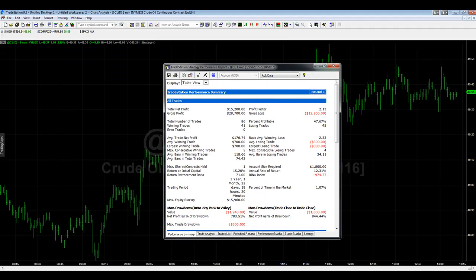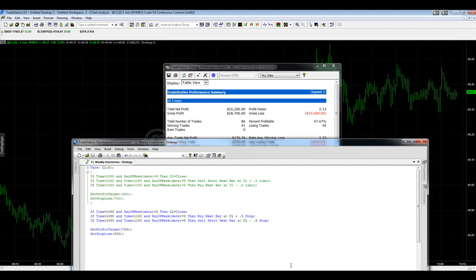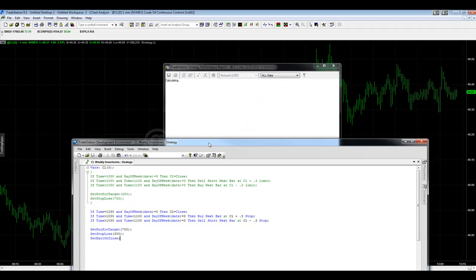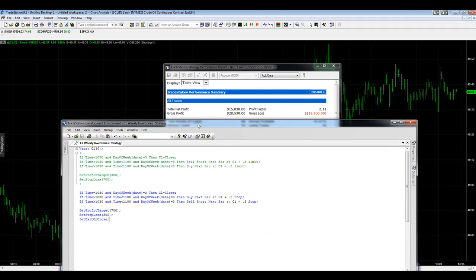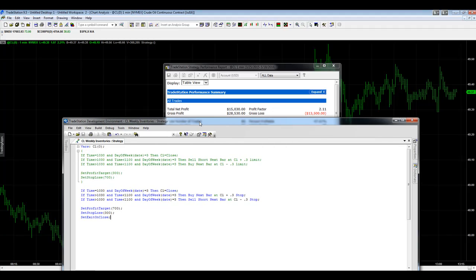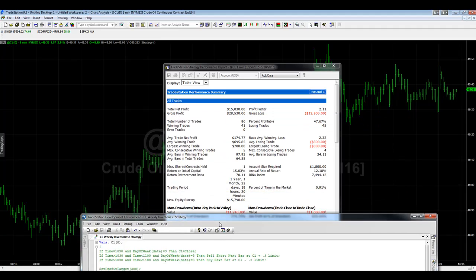Let's see what happens if we set exit on close. So it's still hitting that. It's still getting out by the close based on these rules, and so the results didn't change.